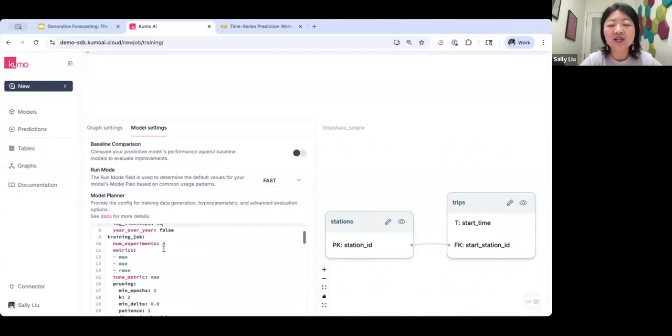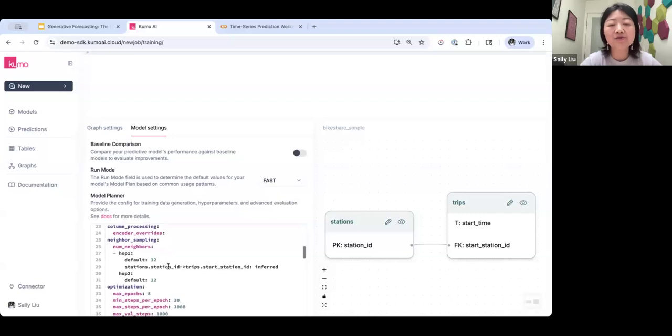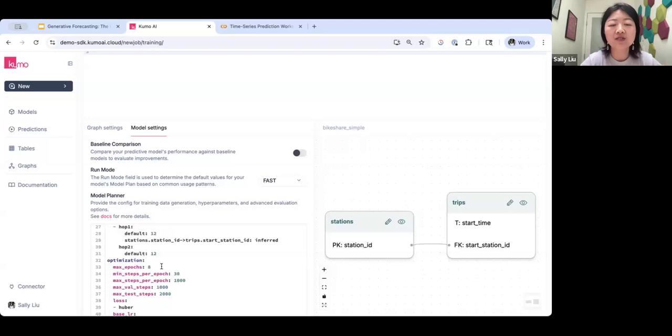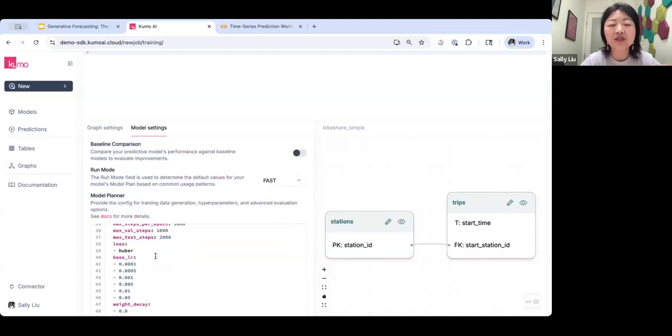And I also see a question asking how you can do neighbor sampling. This is already specified by the planner, but if you want to have some fun or experiment with different hops, you can also specify it here. And for more advanced users, you can also choose the optimization you want to do, different loss, base learning rate.